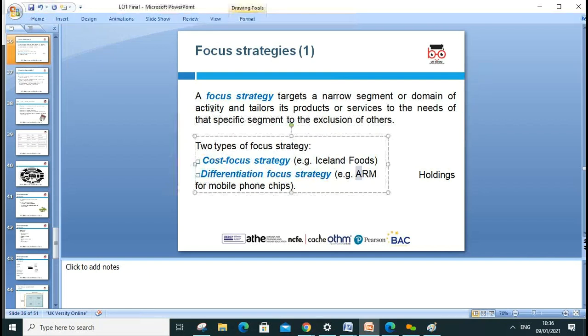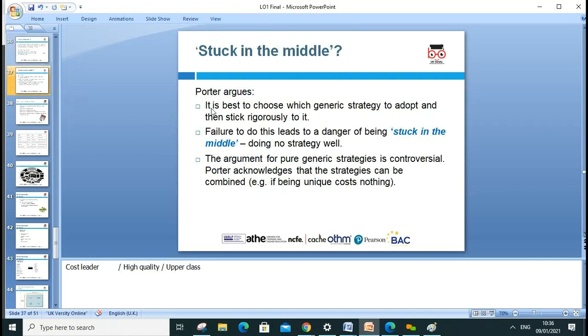We also have ARM, one of the holding companies in the UK. They make the chips you use in mobiles, satellites and automatic gates, like electronic scanner machines. So that is a differentiation focus strategy. Others make chips as well, but theirs are for different purposes.